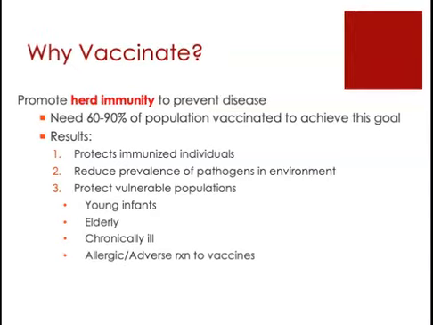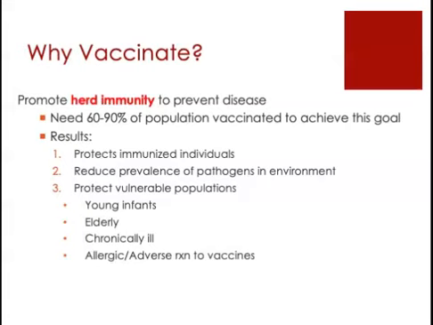By achieving herd immunity within a community, we offer protection to those people who are most vulnerable, those people who cannot be vaccinated, because we are literally removing all the other susceptible hosts, and we are reducing the amount of virus that's circulating.